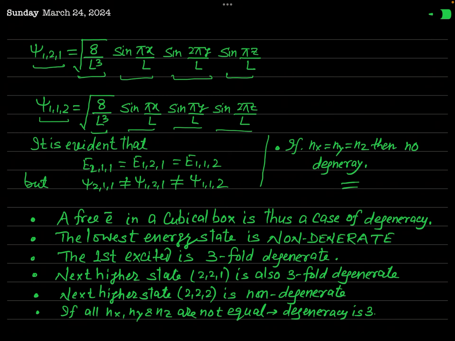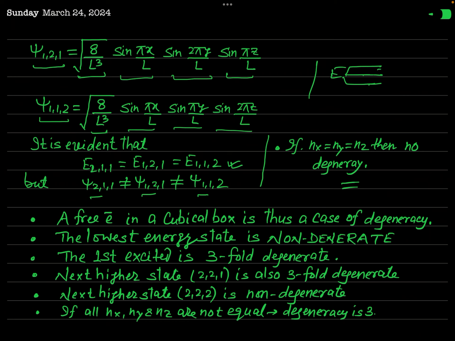So what are you seeing here? Are these 3 eigenfunctions equal? The answer is no. They are different. But these 3 eigenvalues are the same. So for the first excited state, there is only one energy eigenvalue, but corresponding to this one energy eigenvalue, there are 3 quantum states in which the electron can be found.